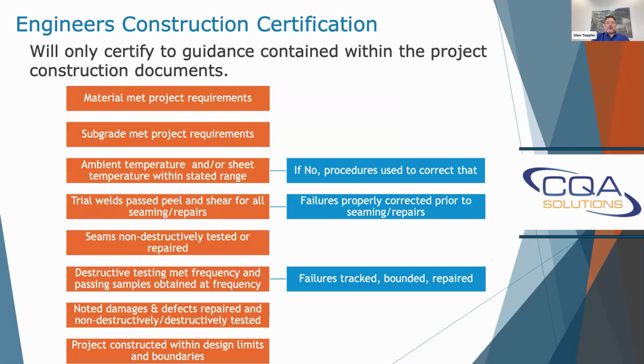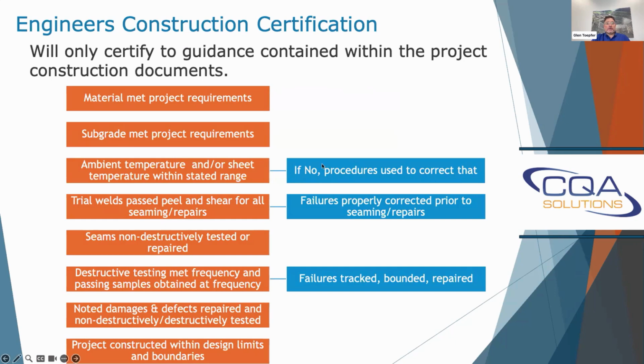And then the engineer's construction certification, as I mentioned earlier, the engineers follow the CQA plan for certification. They follow technical specifications, the construction drawings, and they sign off that the project was constructed in accordance with these documents. So they go through their checklist and they review and make sure the material met the project's requirements, subgrade, ambient temperatures, if there's anything that was outside what was stated in these documents, and they'll write up what procedures were used to correct them.